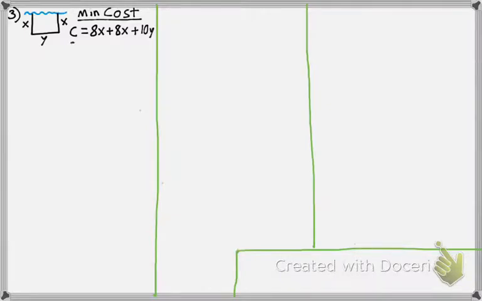If I combine that, then C is equal to 16x plus 10y. Now, a big issue with this is that I only want to have x's or y's. I only want to have one variable. So I have too many variables here.